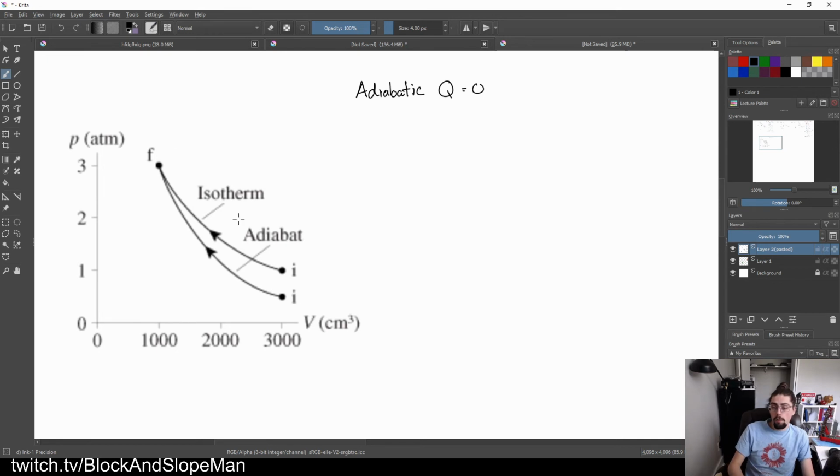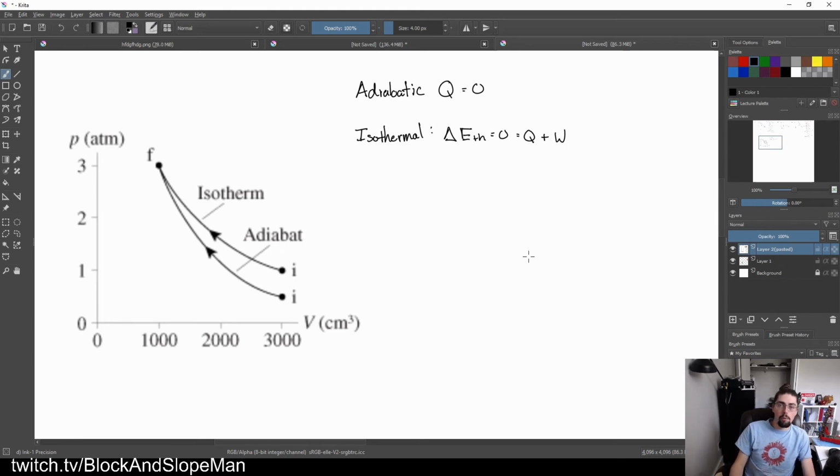Now, the isothermal, that's a little bit different, but it still has a value that's going to be 0 for us. Instead of being heat, it's thermal energy. So the change of thermal energy is supposed to be equal to 0. And we know that thermal energy is made up of a heat exchange and work exchange. We can see that there is clearly some area under the curve.